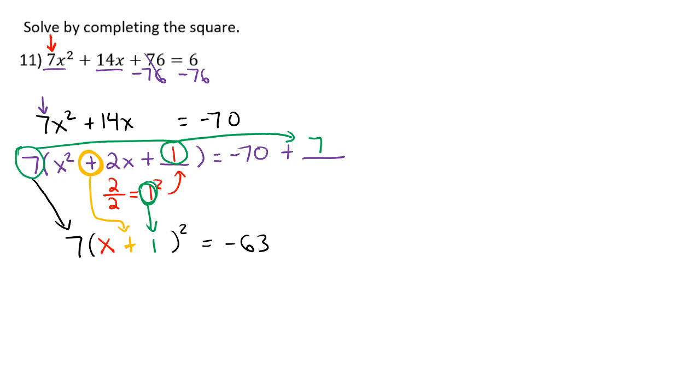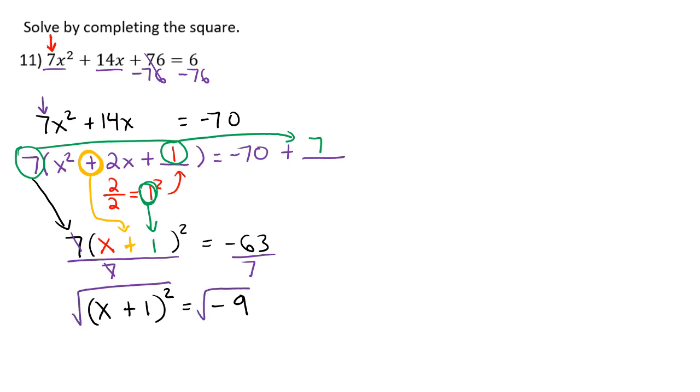We want to get the parentheses squared by itself, so we're going to have to divide by the 7 that's in front of the parentheses. Once again, we're trying to get x by itself, so that's why we need to get rid of that 7. And so negative 63 divided by 7 is negative 9. We're going to square root both sides of the equation.